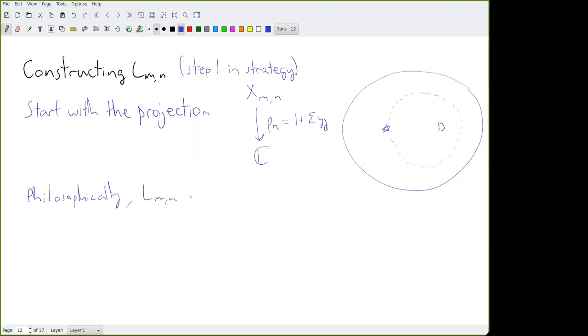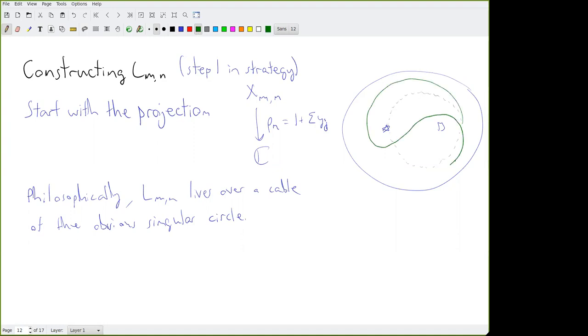Again, philosophically, L_MN lives over a cable of the obvious singular circle. So let me draw what that's going to be.